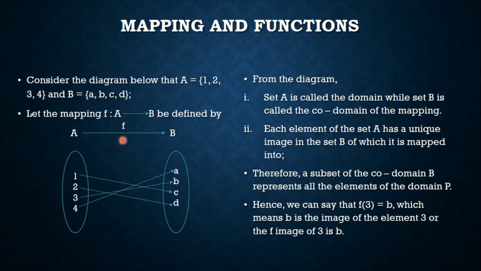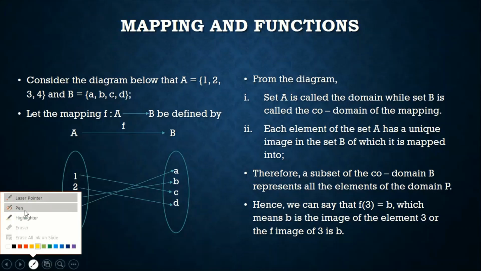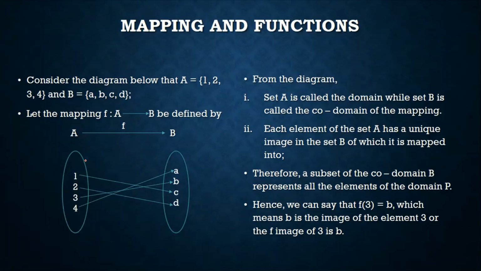Now, the function that assigns each element in the domain to the codomain is called the function. What do I mean by that? Let's use our pen to write that. In this case, my function, which is f of x, could be 2x minus 3.